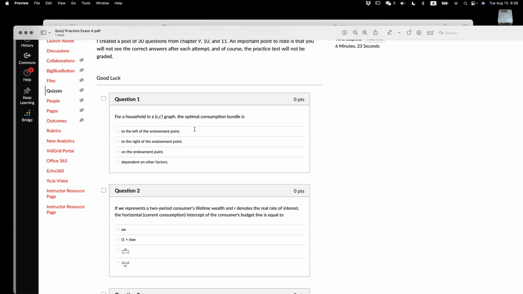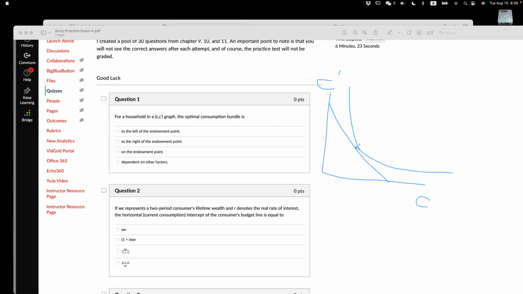So basically what these questions ask about is the two-period consumption saving model, and how the consumer chooses the optimal consumption bundle. Usually it looks like this: you have C and C prime, their budget constraint, and an indifference curve.